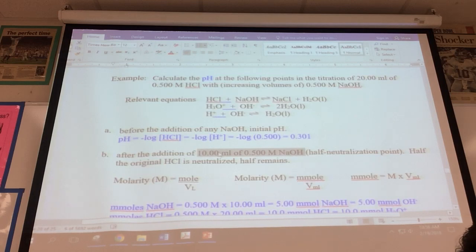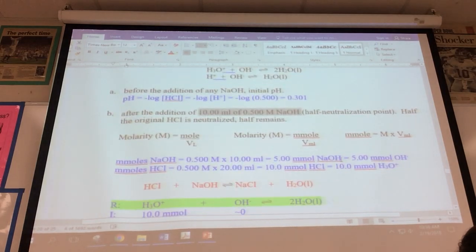So you've neutralized half of the acid because you started with 10 millimoles. If you add 5 millimoles of the base, you'll have 5 millimoles of the acid left. So this is half neutralization point. Half of it is neutralized. So again, the millimoles of the acid doesn't change. That's why I pointed that out initially. You've added 5 millimoles of sodium hydroxide, which is the same thing as 5 millimoles of hydroxide ion. It's a strong group 1 base.